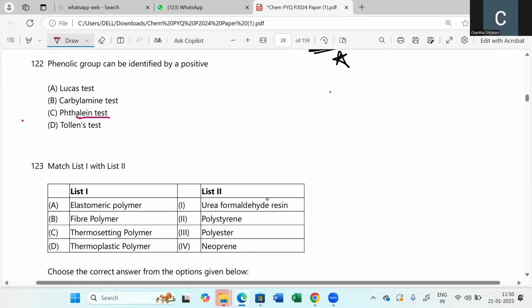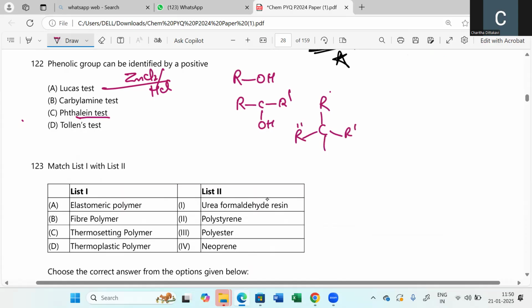So what is the Lucas test? What is your Lucas reagent, which is ZnCl2 in the presence of HCl, right? And this will be your test. Use it to detect whether the alcohol given to you is primary, secondary, or tertiary alcohol, right? So it is the ROH group, R carbon then OH, then R dash group, or is that your R double dash, this group?